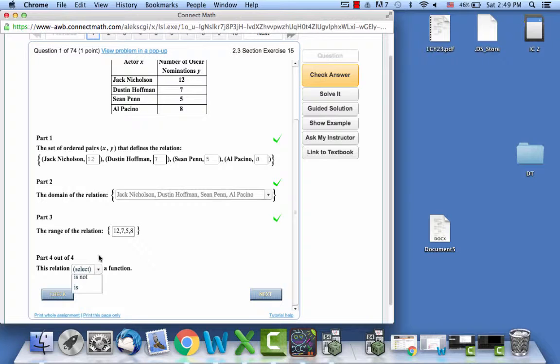And then it is a function. If it had gone the other way and you had the number of Oscar nominations and you had to pick the person, it's possible that someone else got 12 Oscar nominations, or 7 or 5 or 8. So we wouldn't know for sure that it was Jack Nicholson, Dustin Hoffman, Sean Penn, and Al Pacino we were looking at, and then we would have had to say no.